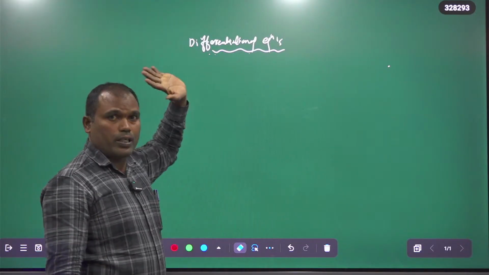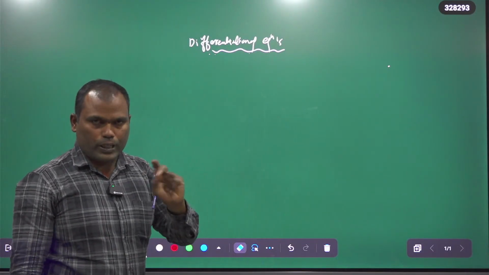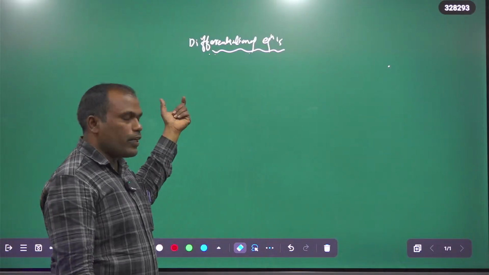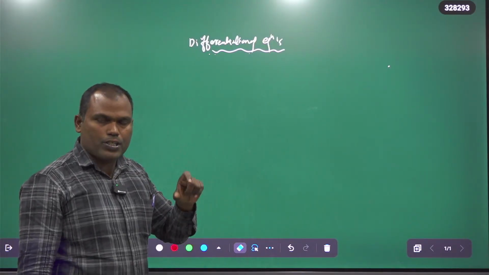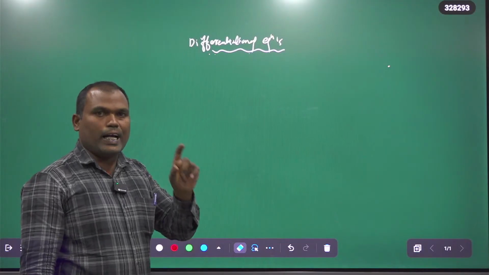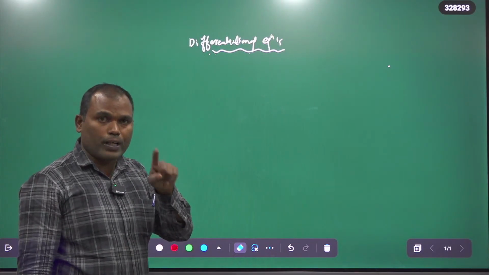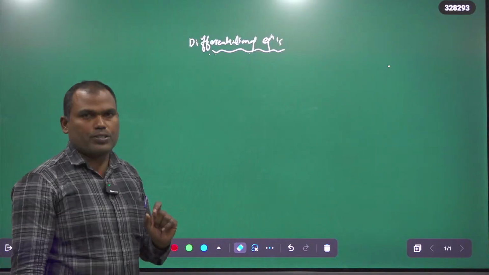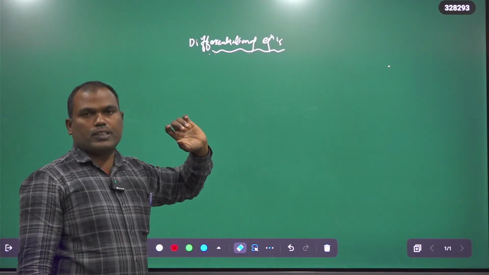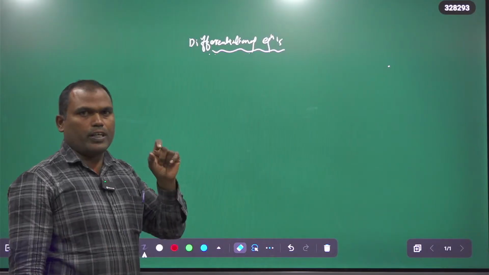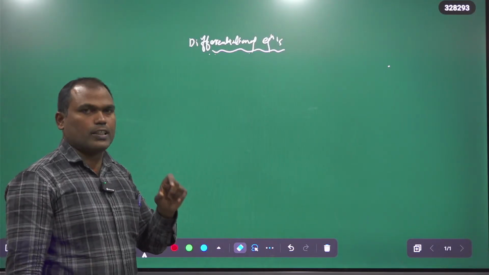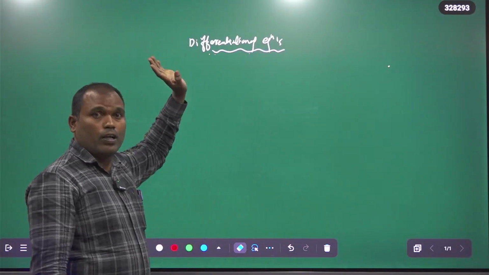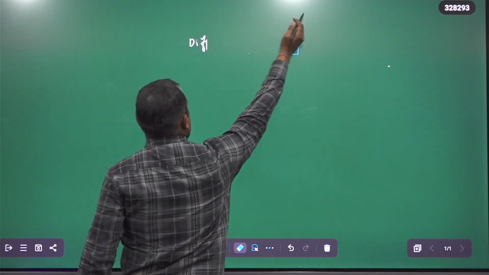They are mainly of two types: ordinary, with only one independent variable, and partial, with more than one independent variable. Now coming to the next one, order.